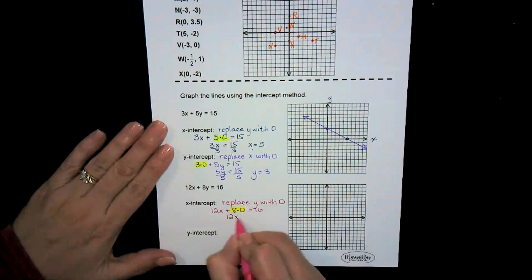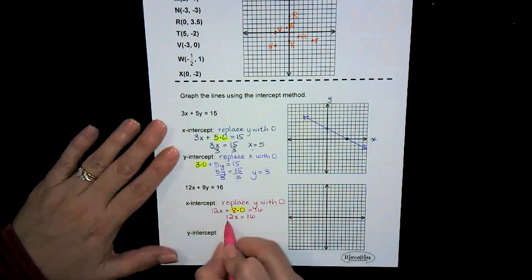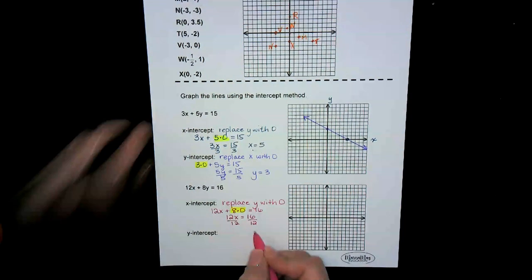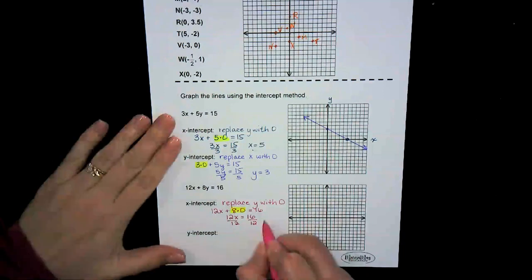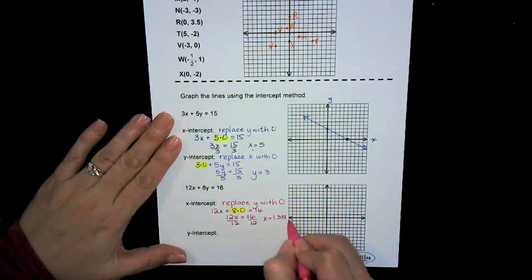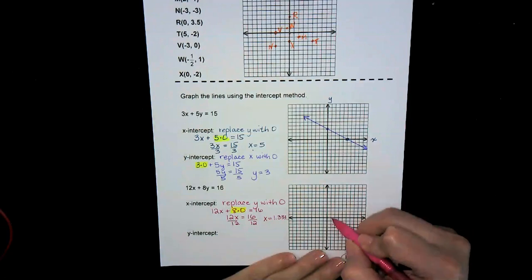So now I get 12x equals 16. And remember how we divided last time by the 3? Well, we're going to do that again by dividing by the 12. And that may not look really nice, but you can definitely get a decimal for it or maybe a reduced fraction. And that would give me 1.333. That just means it's going to touch the x-axis at 1 1/3, which will be about right there.